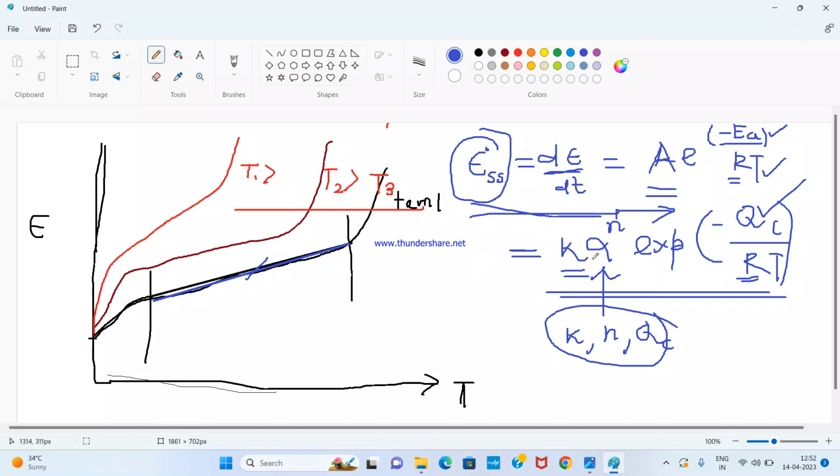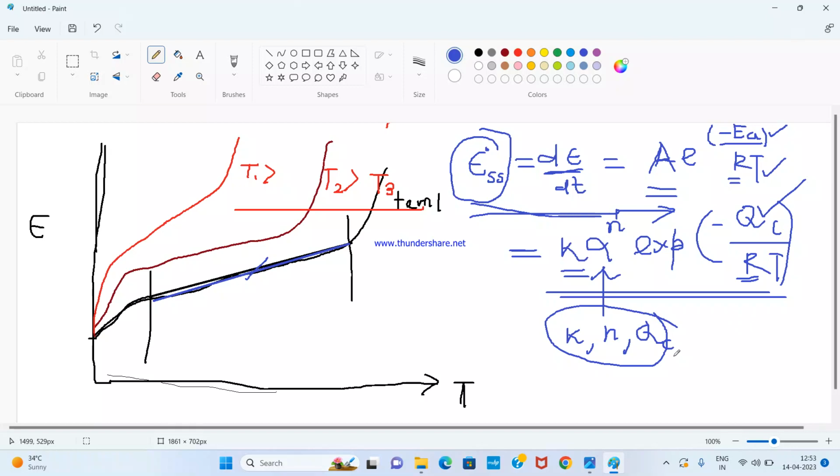So what are the things here? Based on that it will vary, because if the material is the same, then K and n will be the same, and QC will also be the same. So we can vary the applied stress and the temperature.